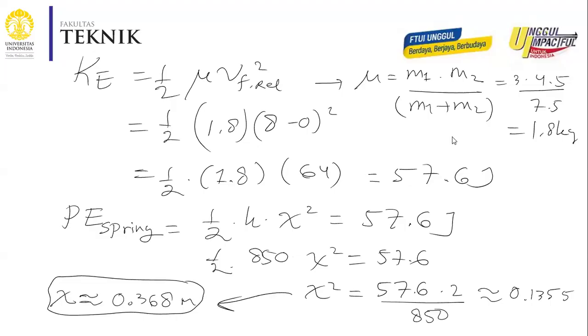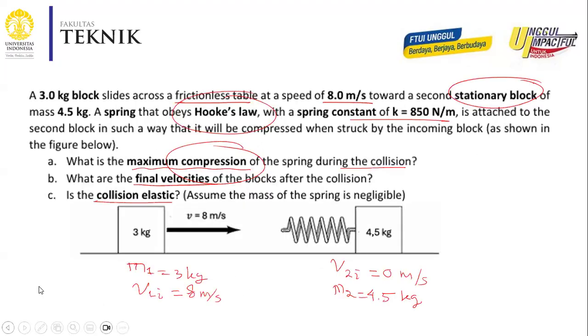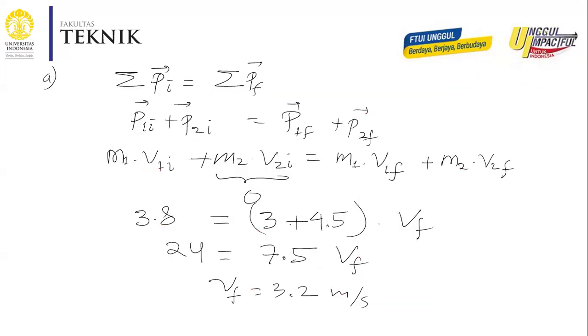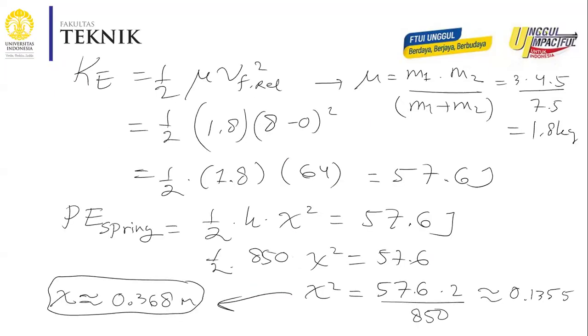Okay. So for the next question, you can see from the previous page: what are the final velocities of the blocks after the collision? Since this is an inelastic collision, it means that the kinetic energy is not conserved.